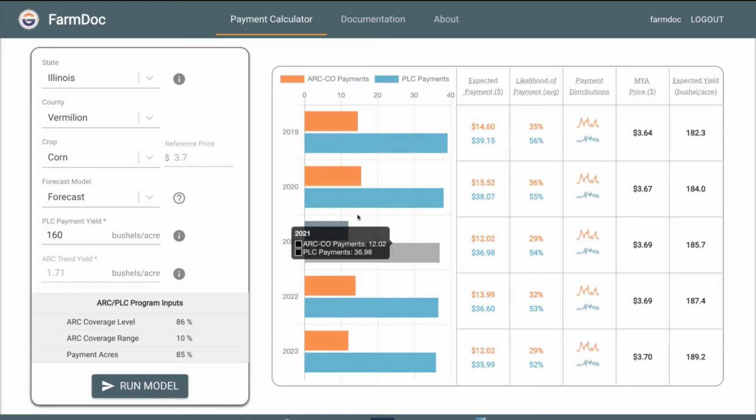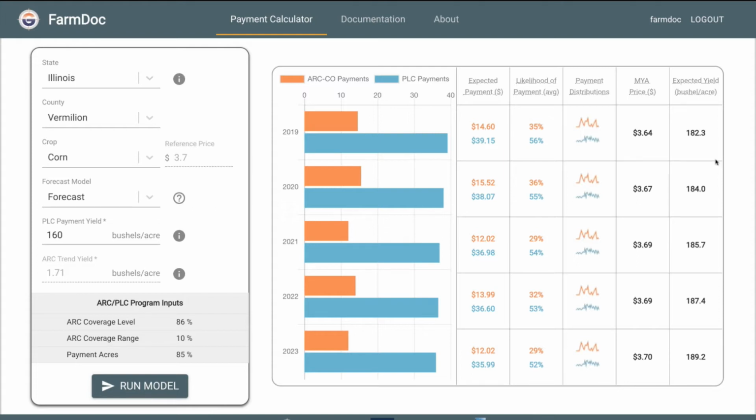These are the payment estimates based on the MYA price, the market average price you see here, and there's all kinds of background information that you can access. So let's just look at 19. We would estimate, given a $3.64 market year average price and an expected yield for the county of 182.3 bushels per acre, and by the way, that 182 is not adjusted for the weather this year yet.